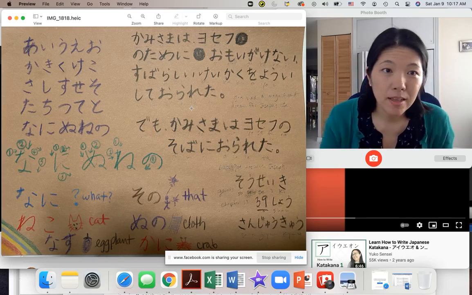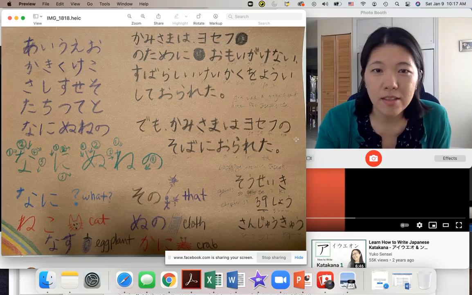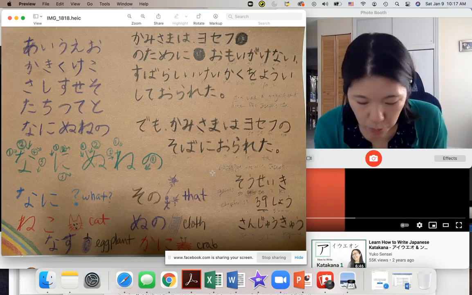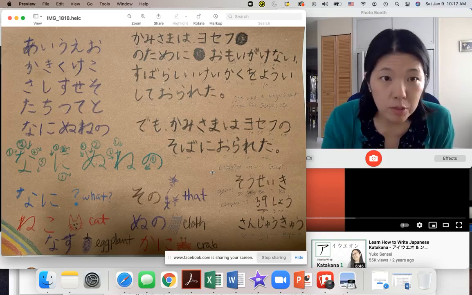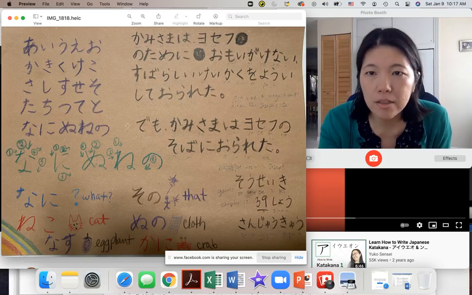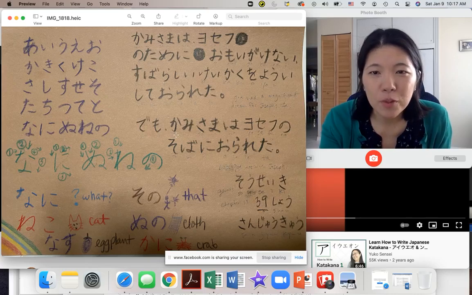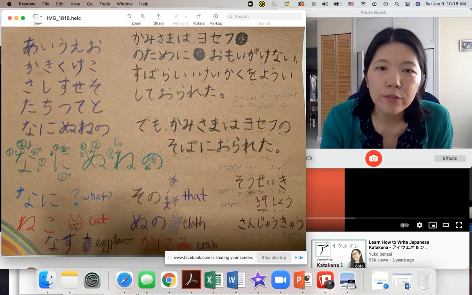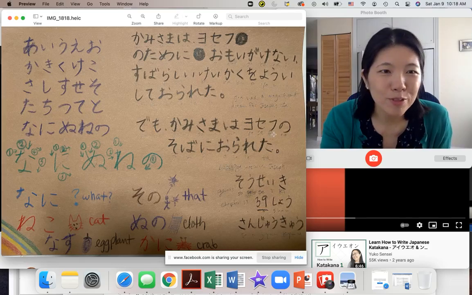But here, this sentence, this is the sentence I wrote as a focus point. But God was with Joseph. So, demo is the word but. Demo, again, this word is kami-sama. Kami-sama is God. Kami-sama wa Yosefu no, Yosefu is Joseph, right?